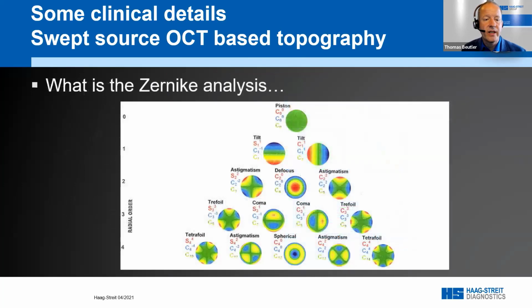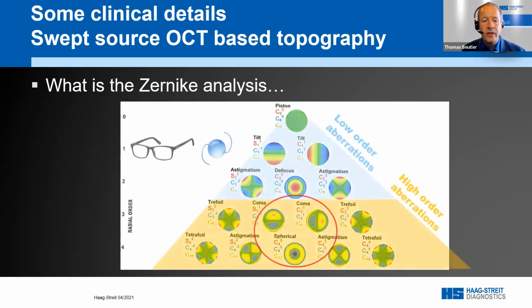So what is Zernike? With Zernike, we can split up the visual effects of the cornea into different components. So we see tilt, we see astigmatism, we see defocus. And the top three are basically our lower order aberrations. Those we can compensate with glasses or an IOL. And then everything below this line is called higher order aberrations.